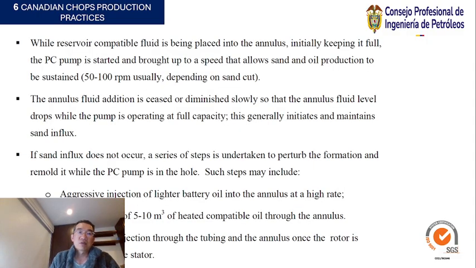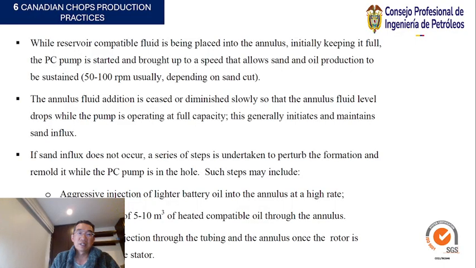A well-reservoir compatible fluid is placed into the annulus, initially keeping it full. The PC pump is started and brought up to speed, allowing sand and oil production to be sustained, 50 to 100 rpm usually, depending on sand cut.